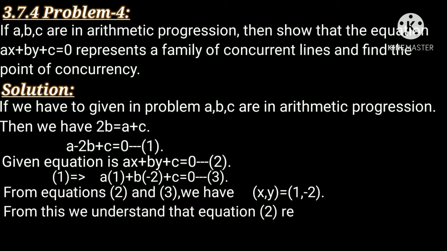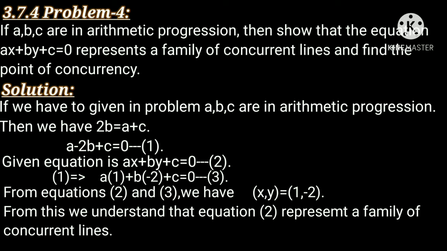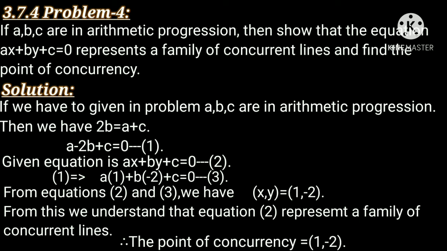Then equations 2 and 1 pass through the same point. Then these lines are a family of concurrent lines. From this, the point of concurrency is (1, -2). Therefore, the point of concurrency equal to (1, -2). This is our required problem solution.